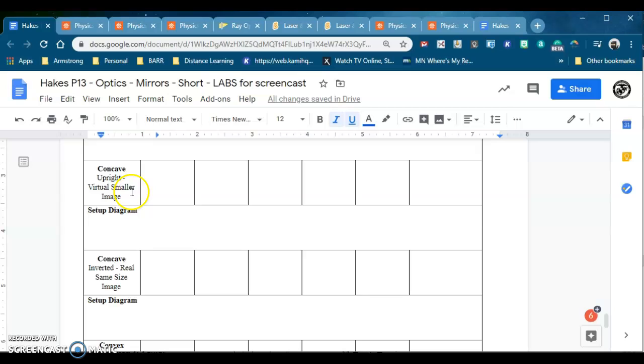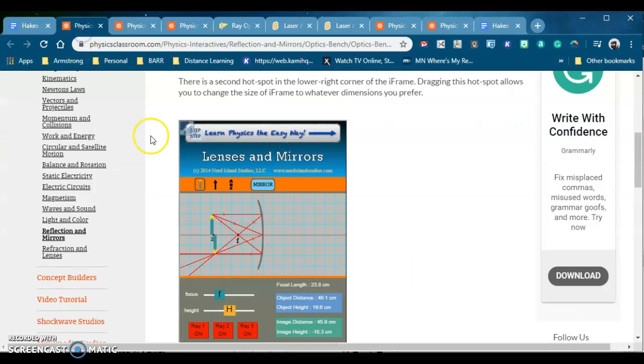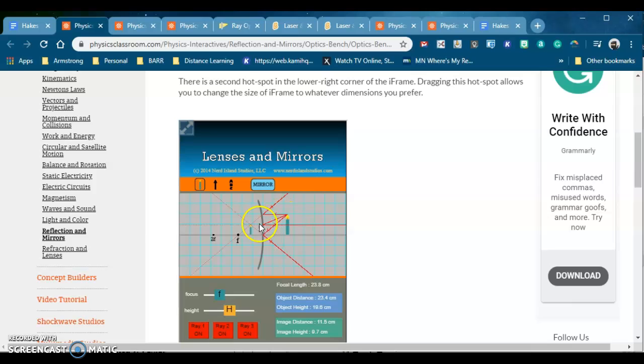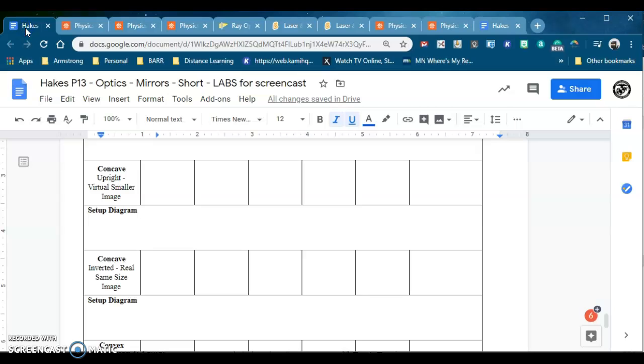Okay, and then try to make your object, so upright, virtual, smaller image. So you can move to the other side here. It's upright, it's on the other side of the mirror, so we have an upright virtual image, and it's smaller. So then use that to determine the focal point, the object height, and things like that.